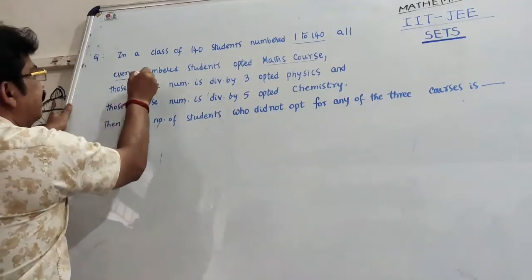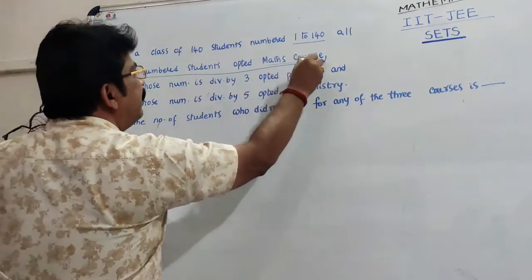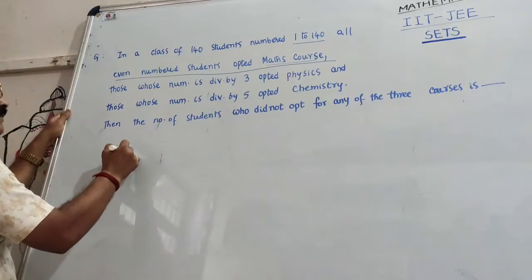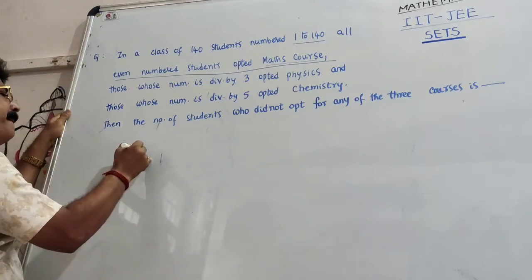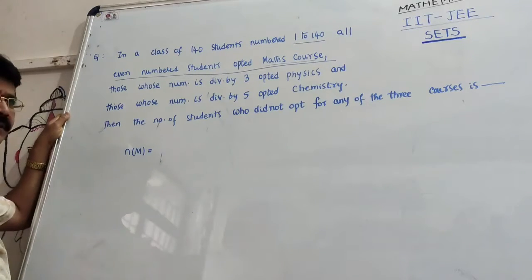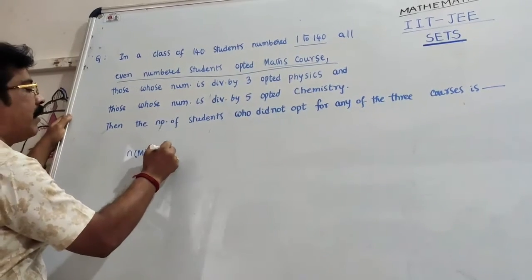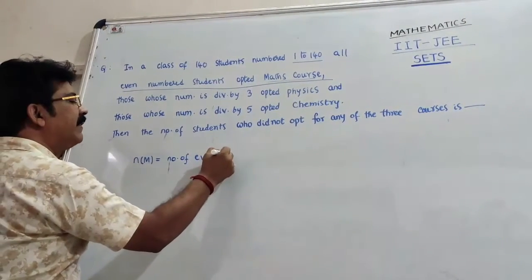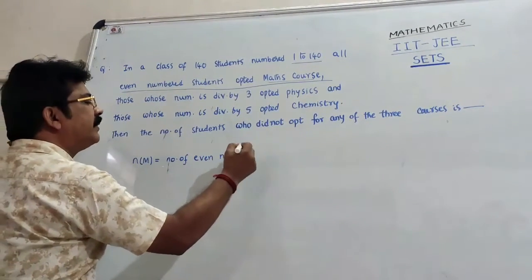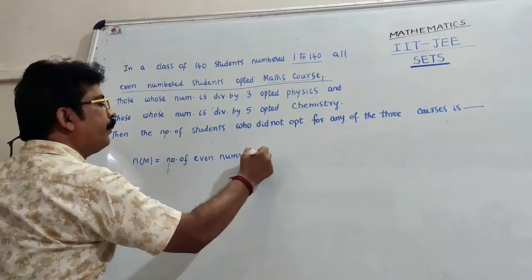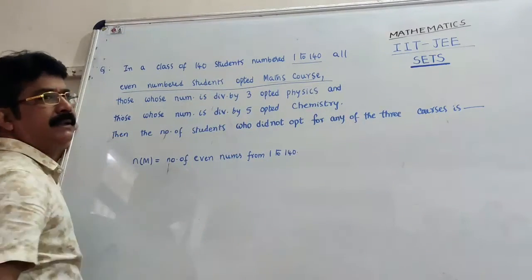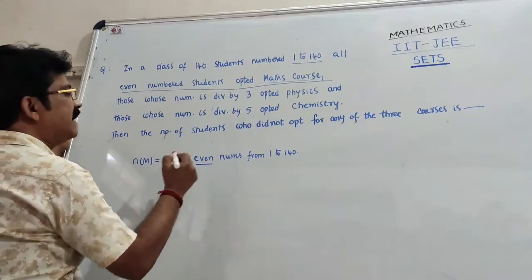all even numbered students opted for the mathematics course. Means what? How can we find n of M? Tell me. N of M means the number of even numbers from 1 to 140. So how many even numbers are there?